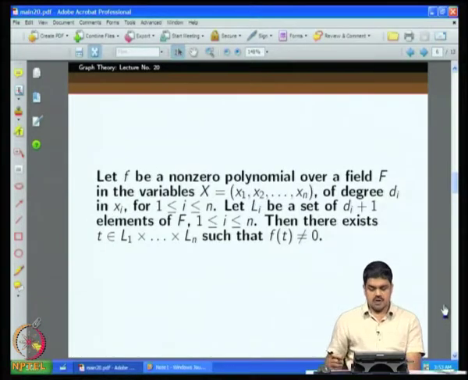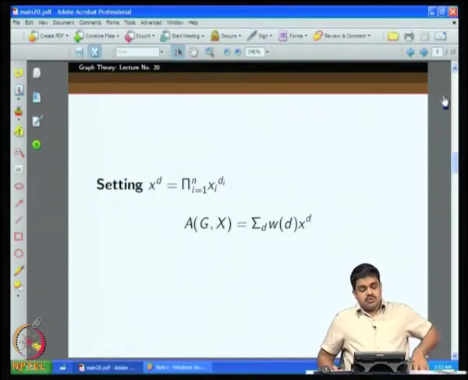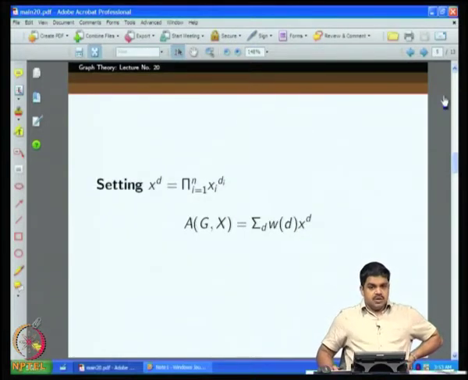Our intention is to use this polynomial to show a result for the list coloring of graphs.